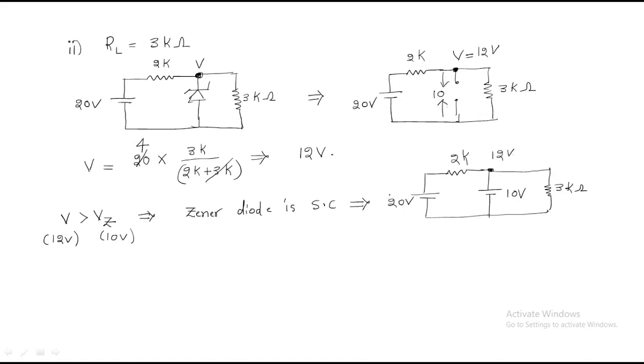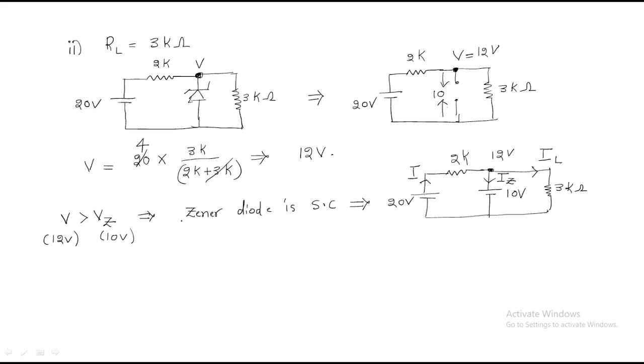Okay. So now we can find out the current from this point. We can find out the current to the load IL. First we will find out the current through IL, then the source current I, and again the current through the GNR diode.